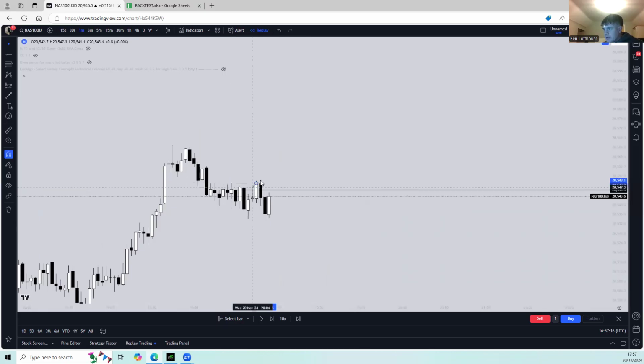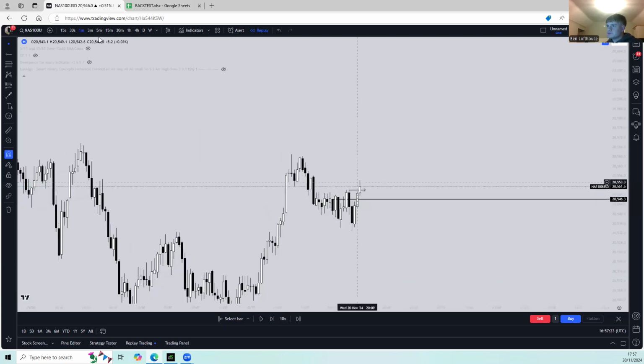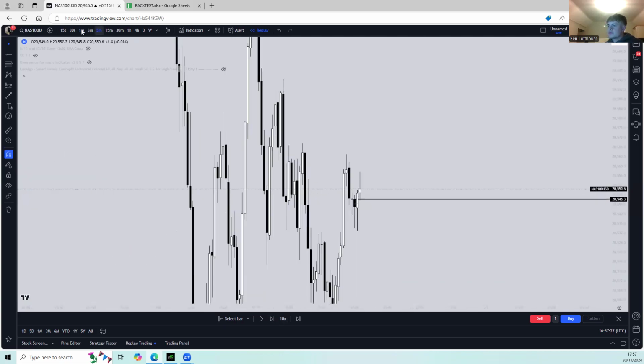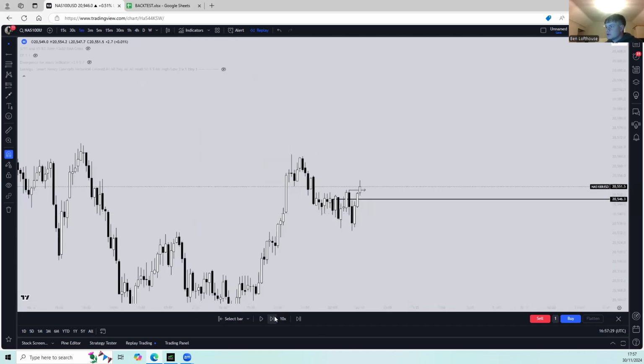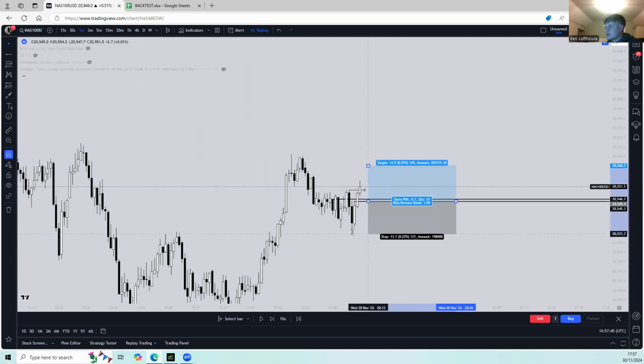Let's see if we get a decent sort of breaker structure. 1 minute imbalance. See if that's less than 10, 12. No. See if a chandelier exit appears.